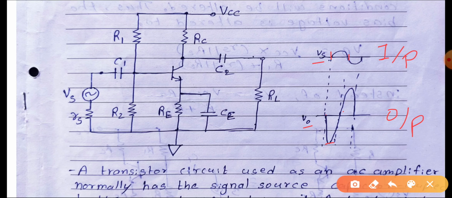So you can see the collector current IC will flow from this resistor RC. So when collector current flows through RC, there will be a voltage drop across RC, that will be RC into IC.